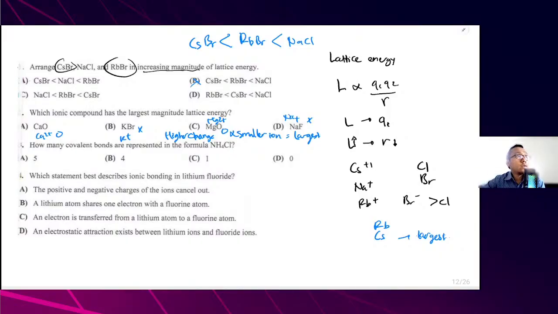If you take a look at the periodic table, Mg is above Ca, right? So Ca is bigger, so Mg is smaller. So the smaller one is C, and the answer will be C. Just remember this one.